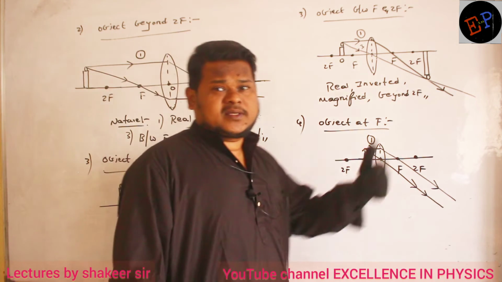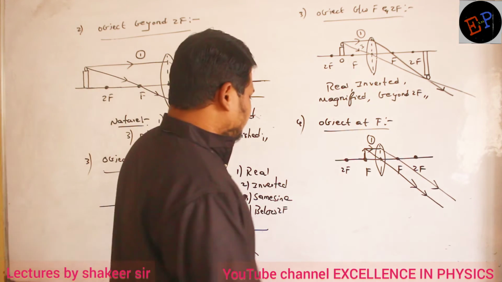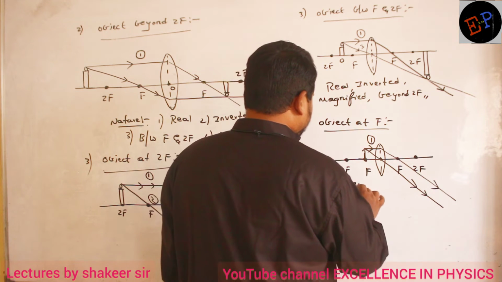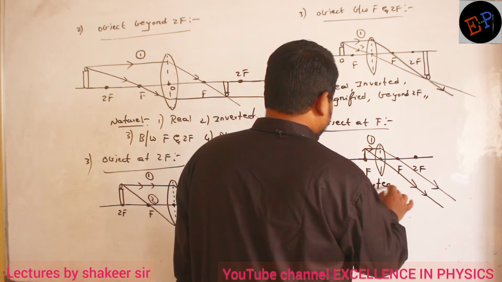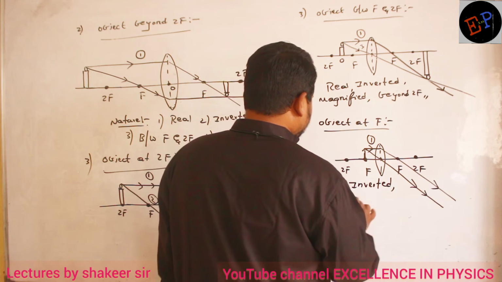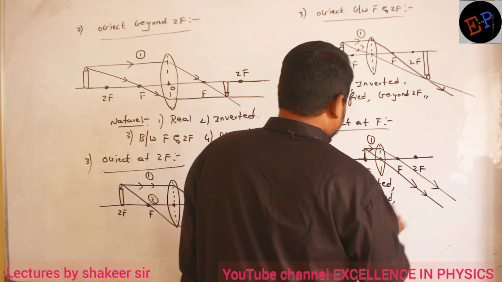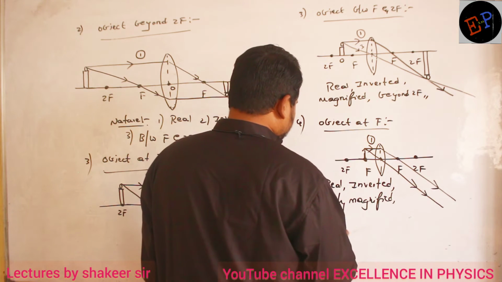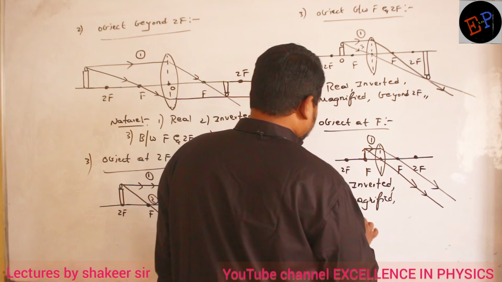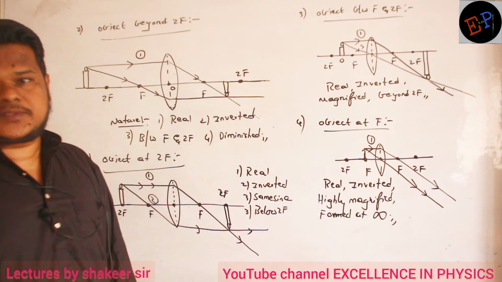So therefore I can say they will meet somewhere at infinity. Clear now? So what is the nature of the image? Real image, inverted image, highly magnified image. And where is it formed? It is formed at infinity. Infinity means a very long distance.